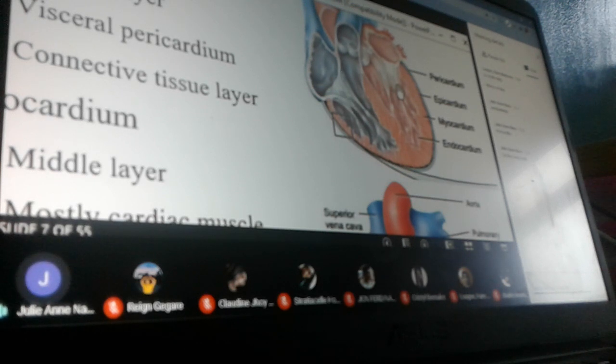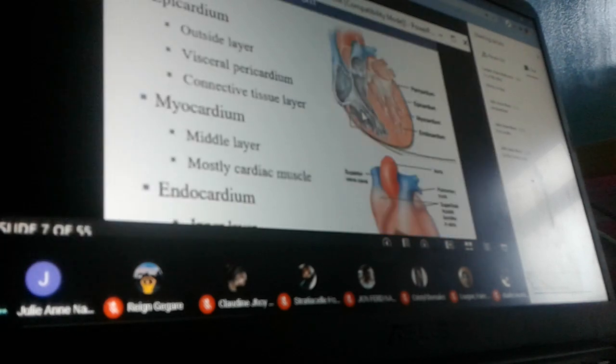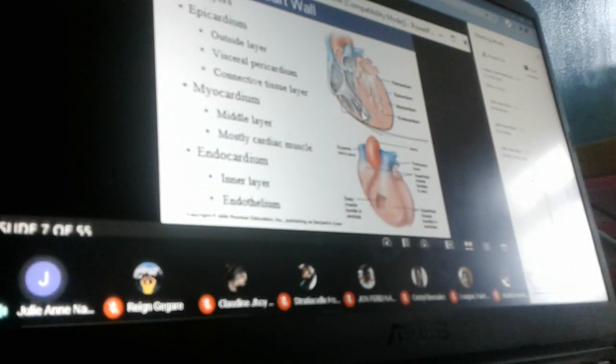Okay, so the endocardium, class, it minimizes surface friction as blood passes through the heart. Di ba pumapasok yung blood sa ating heart, kaya dapat ma-minimize yung friction. At yung responsible for minimizing the friction is your endocardium, okay? So again, the three layers of the heart wall are the epicardium, the myocardium, as well as the endocardium.